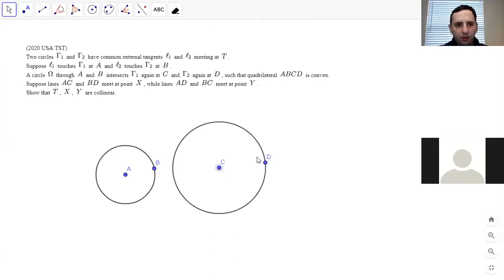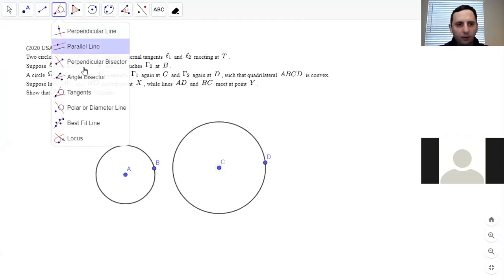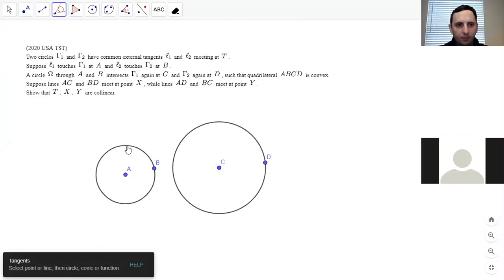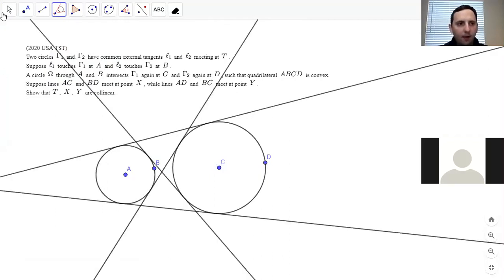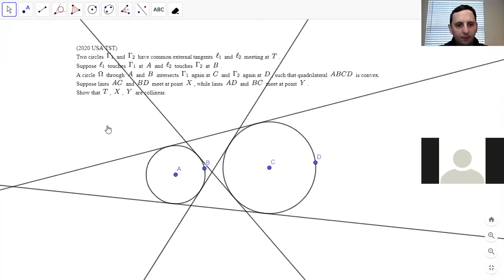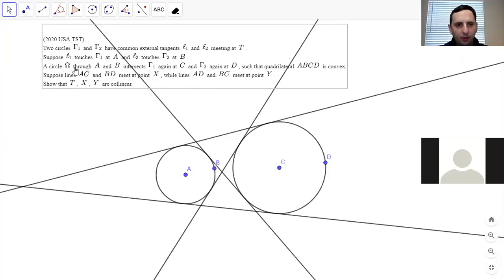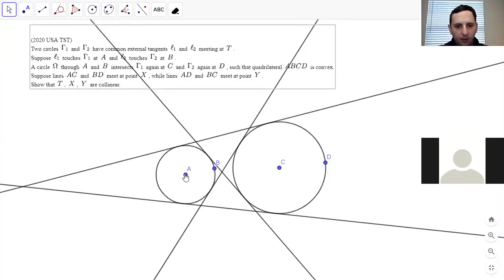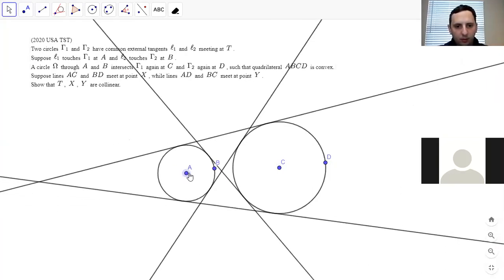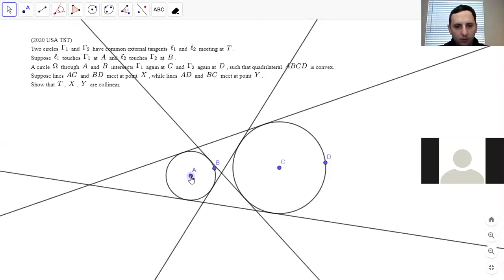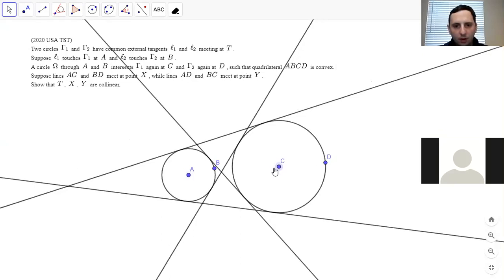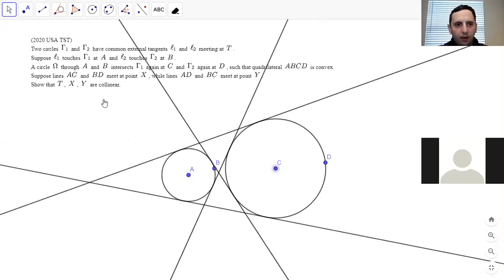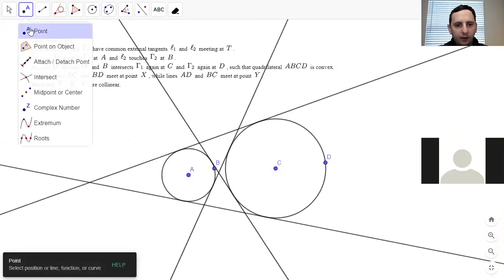And we want to draw the external tangents, and they meet at point T. I want T to show up on the screen. Maybe make A a little smaller. Okay, so this is point T.